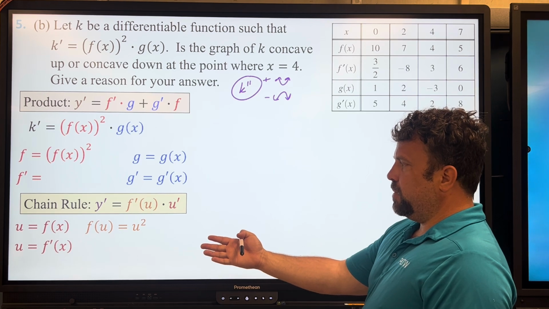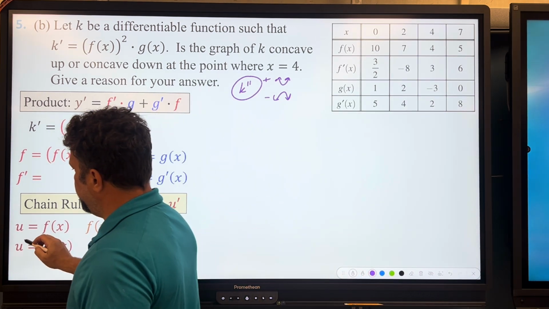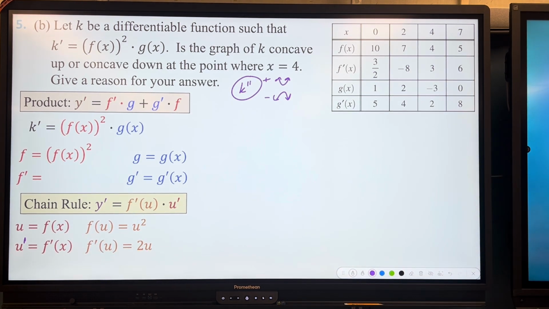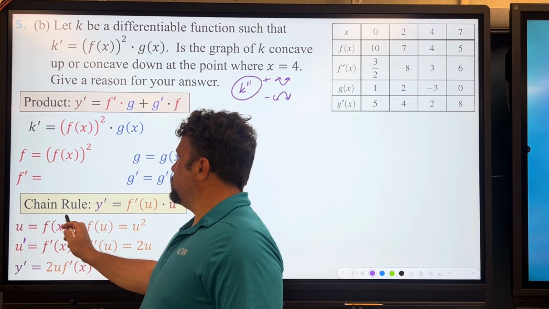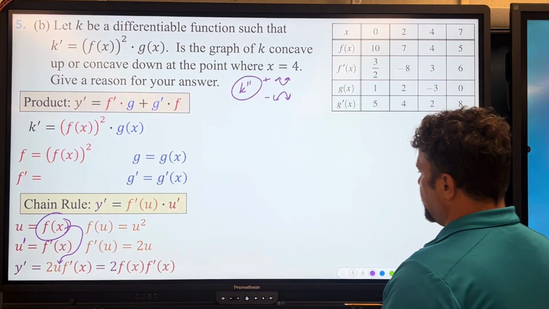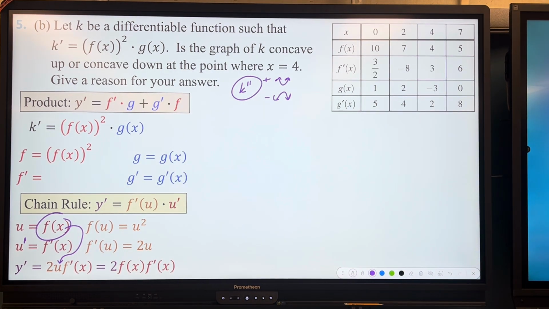Your u prime is f prime x, and your f prime u is 2u. All right? 2u times u prime, you plug back in your u, is 2 f of x, f prime x. All right? That's your F prime x.